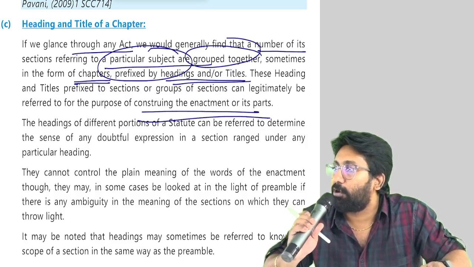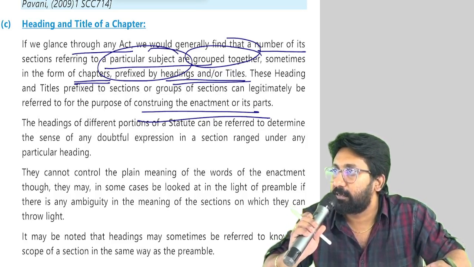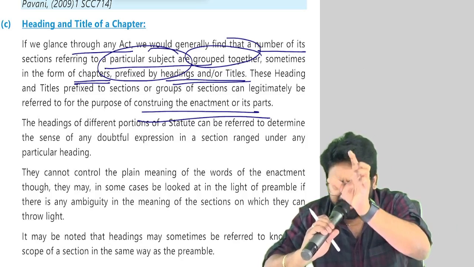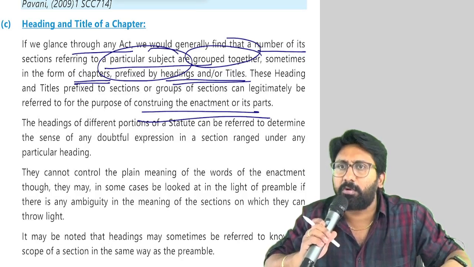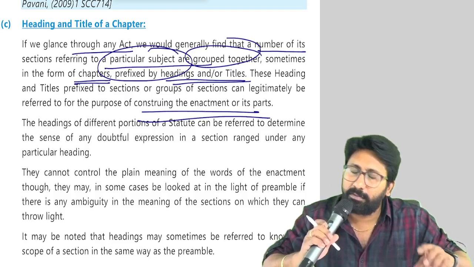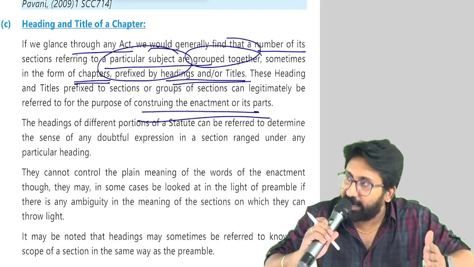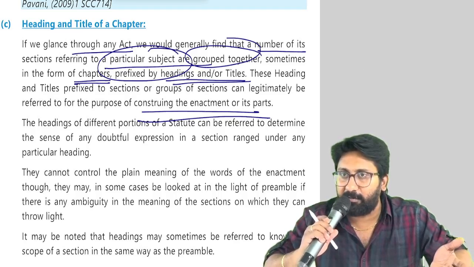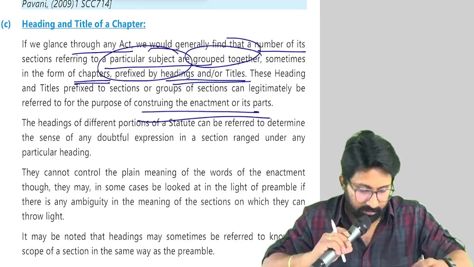Simply to tell, I wanted to know about dividends. Only that part of the act I wanted to know. Where to go and read? Chapter 8. What is the name? Declaration and Payment of Dividend. Understood the point? That's what he wants to tell.